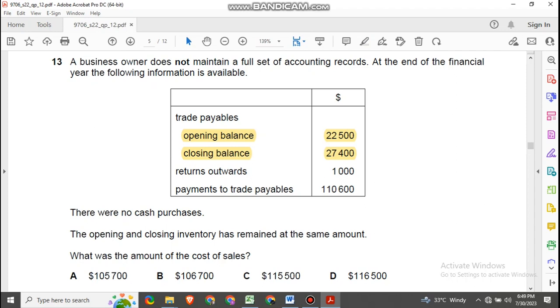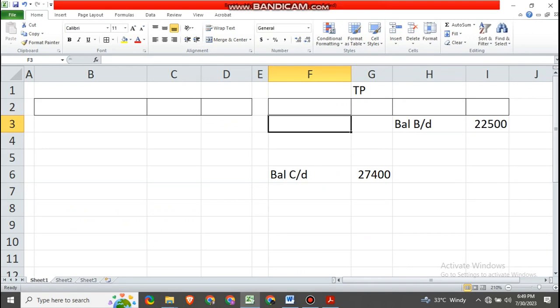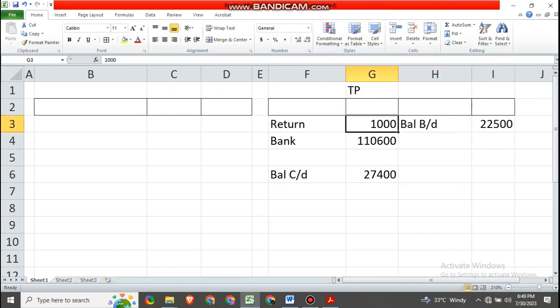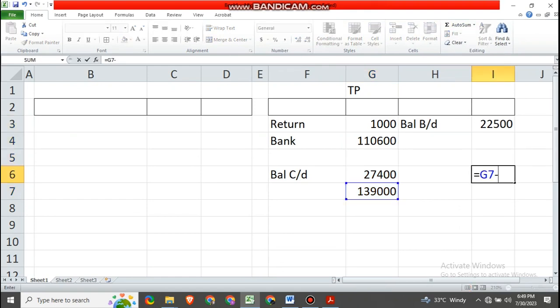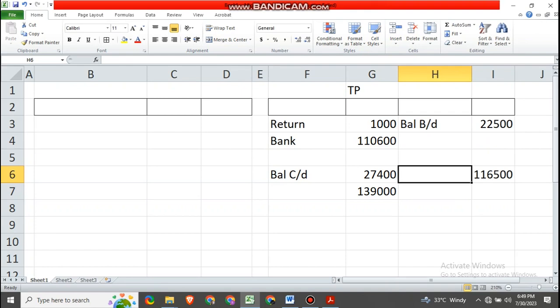Then there is a return of 1,000 and a payment, maybe from the bank, of 110,600. So the total on the debit side is 139,000. So we need 139,000 minus 22,500, which is 116,500, which is my purchases.